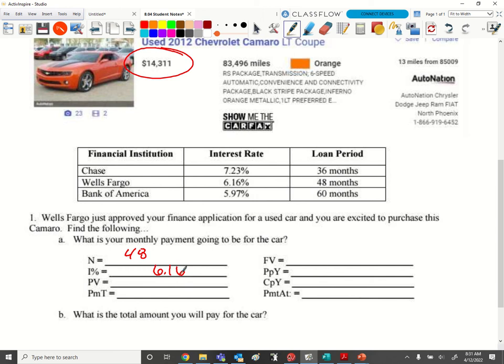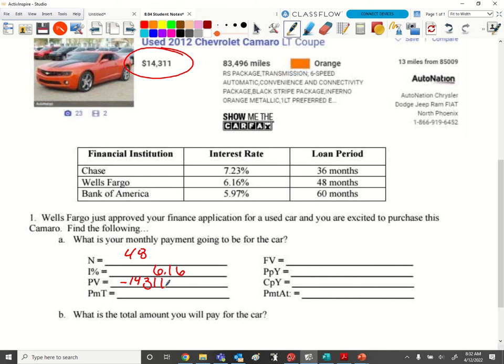And we said this is a negative 14,311. And it says, what is your monthly payment going to be? So if I'm looking for the monthly payment, I have to leave that one blank, because we're going to enter that after everything else is filled out.